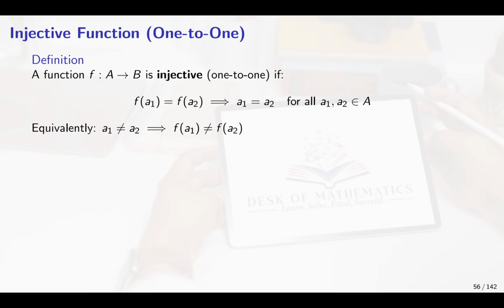So what is a 1-1 function? We also call it injective. A function is said to be injective or 1-1 if f of a1 is equal to f of a2 implies a1 is equal to a2. You will prove a1 is equal to a2, or you will say a1 is not equal to a2 and prove that f of a1 is not equal to f of a2.